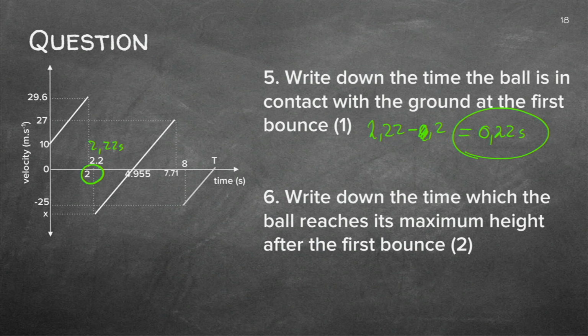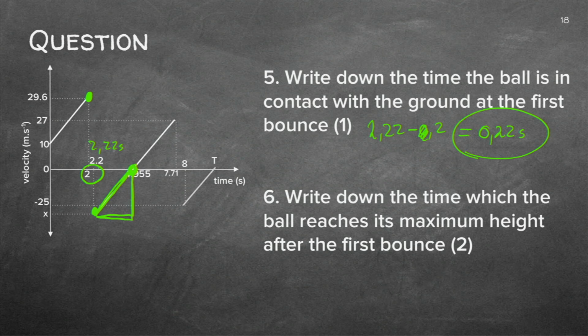Write down the time at which the ball reaches its maximum height after the first bounce. Now let's first quickly have a look. That's the first bounce. Then from there it goes up again. And they now ask me, what is that height there? And you can then calculate that height.